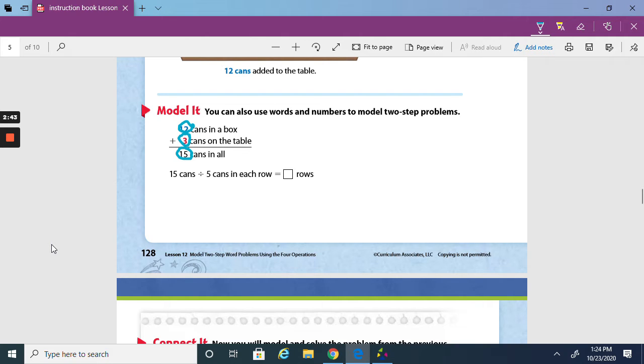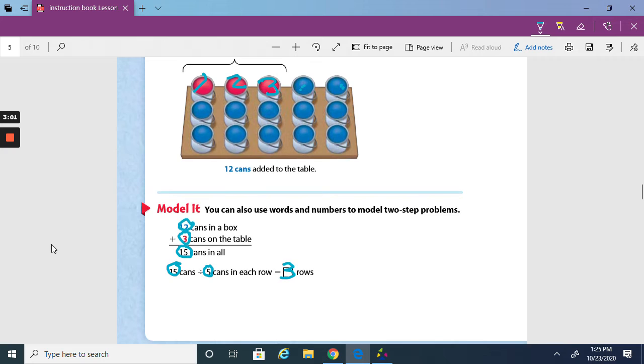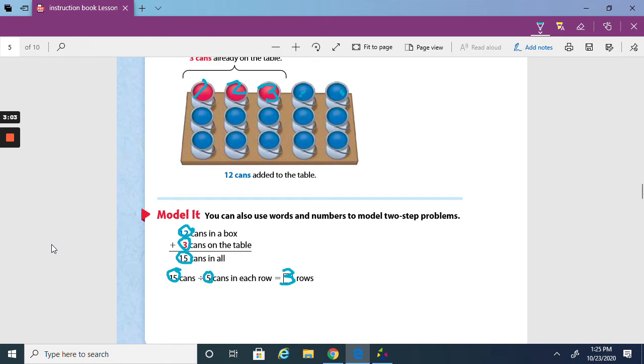Then I take my total number of cans and divide it by the number of cans on each row. So 15 divided by 5. 15 divided by 5 should give us 3 rows of cans. And if we look back in our picture, we can see that there are 1, 2, 3 rows of 5 cans.